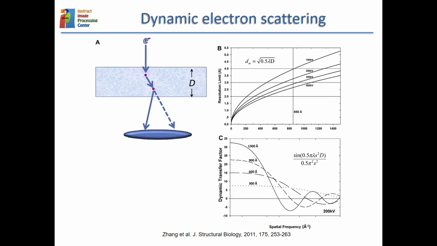And there are some other issues that may be preventing us from reaching very high resolution. One of them is dynamic electron scattering.